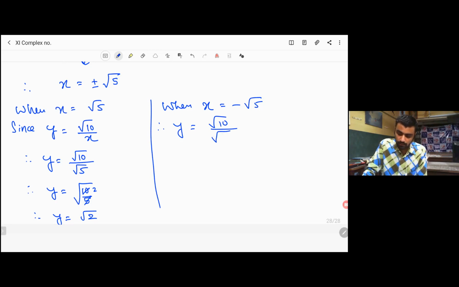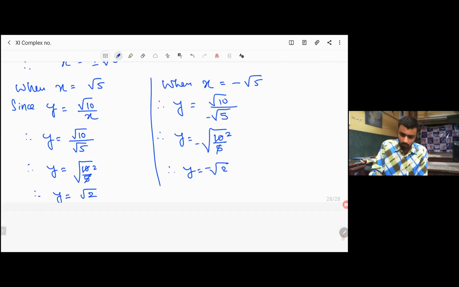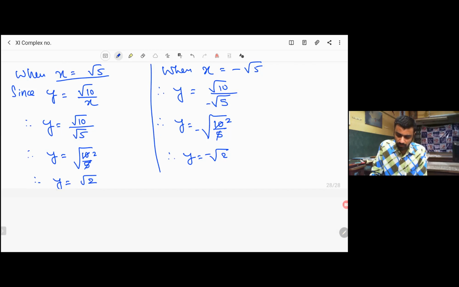Again I consider numerator and denominator all together, minus बार रखना है, 10 upon 5 रूट, तो माइनस तो रूट के बाहर ही है, so again this will be 2 and therefore y becomes minus √2. Got this point? Now I got the x value with that y value and now अपना जो स्क्वायर रूट का आंसर हमको जो फाइंड करना है.